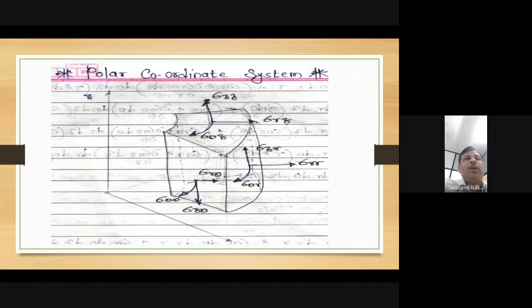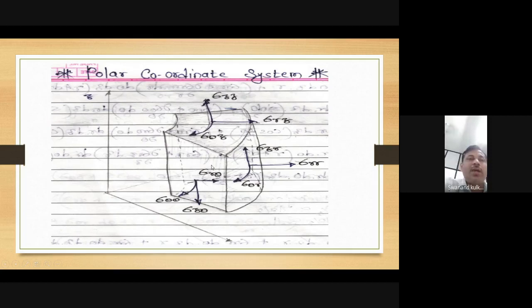Similarly, if we take an example here, sigma zz is the component of stress in vertical direction, but its component along radial direction is represented by sigma rz. So sigma zz is purely in vertical direction, but the component of this sigma zz along radial direction is given as sigma rz. Similarly, the component of this vertical direction stress along angular direction is given as sigma theta z.